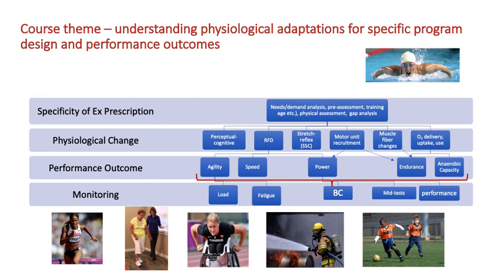And then once we start to see the performance outcome as a result of our exercise prescription and adaptations, we monitor. We monitor load, we monitor freshness and fatigue, we can monitor body composition and tie that into performance outcomes. And all these factors help us to prescribe appropriately and reinforce that our program is being effective.